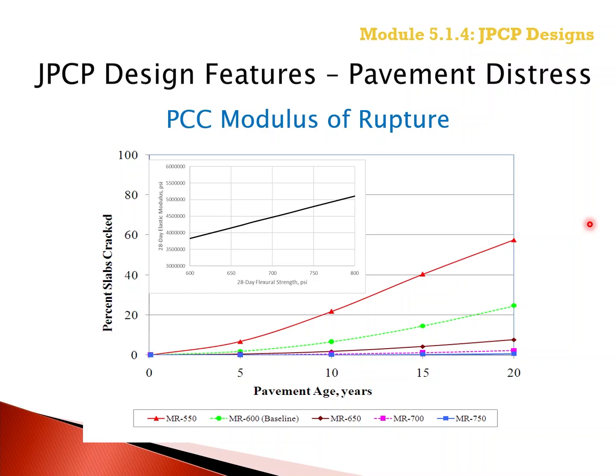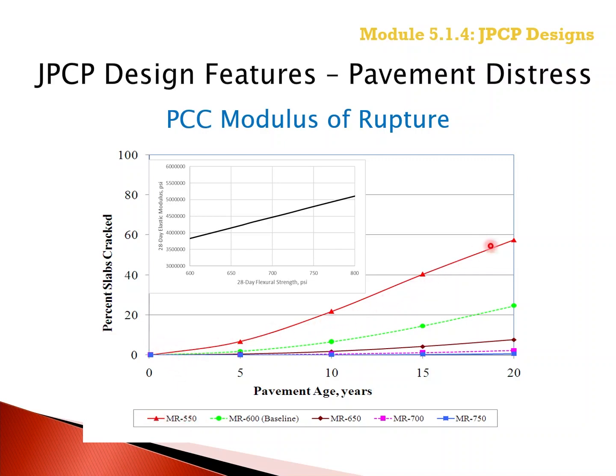Next is going to be on the PCC modulus of rupture. The PCC flexural strength, or modulus of rupture, has a significant impact on the percent cracked slabs, which is illustrated on this slide. The graph displayed on this slide shows the impact at different modulus of rupture values.